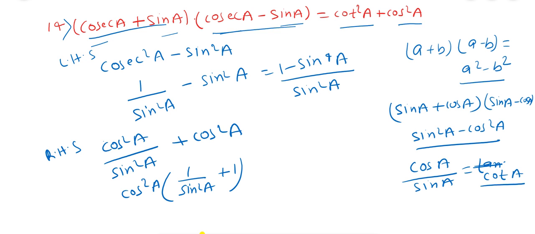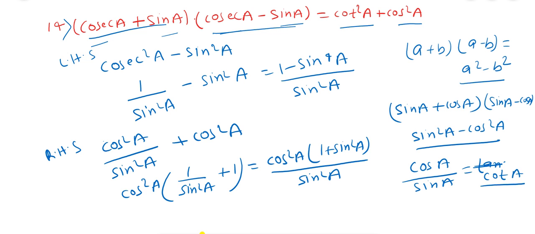Further, I will write cos square A times 1 plus sine square A, and this is the sine square A.